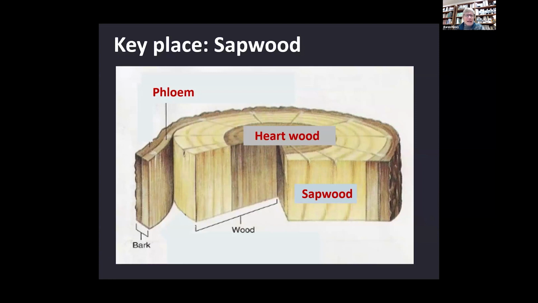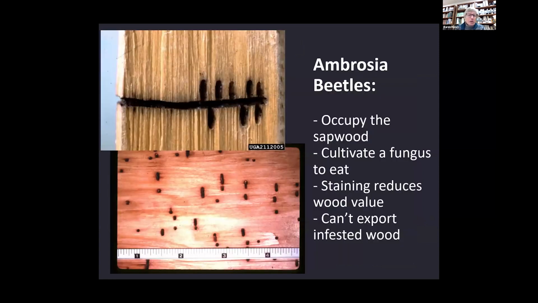So the key part of the wood that ambrosia beetles are active in is the sapwood. The sapwood is the outer rings of the wood, and it's where the tree carries water from the roots up to the crown of the tree. Now, ambrosia beetles tunnel straight through the bark and occupy the sapwood.